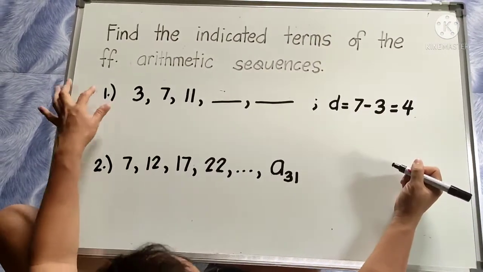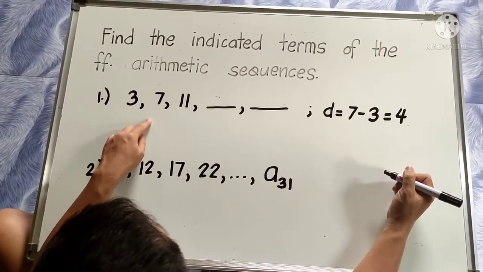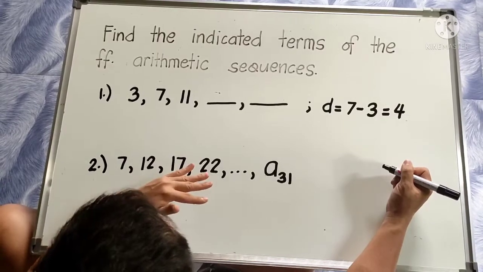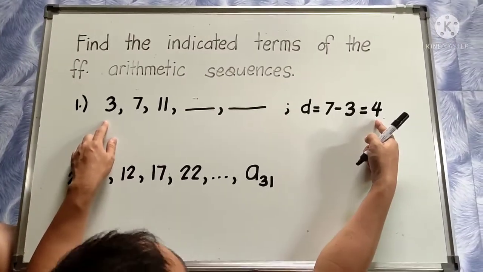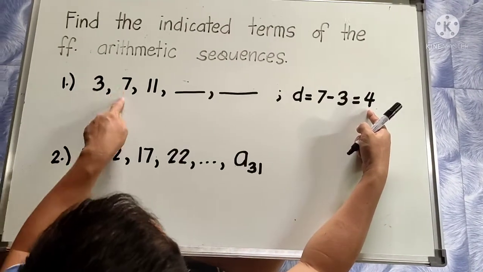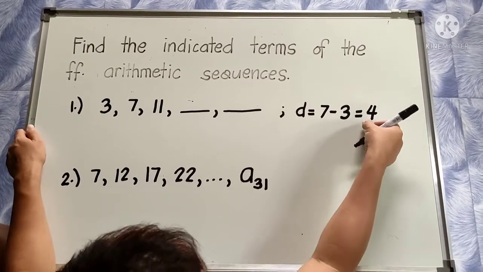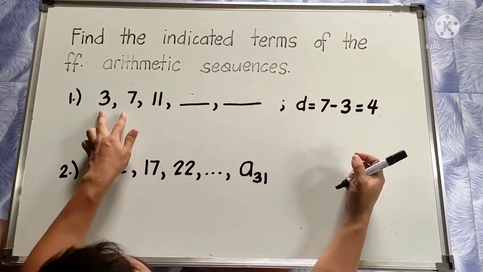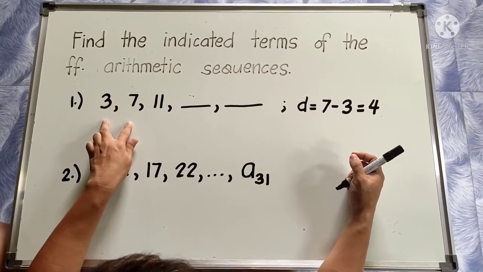Another thing that you have to remember, if the terms in the sequence are increasing, that means your common difference is a positive number. So 3 becomes 7, 7 becomes 11, so it is expected that the common difference is a positive number. If you interchange these two in computing for d, you will have negative 4, which is wrong.